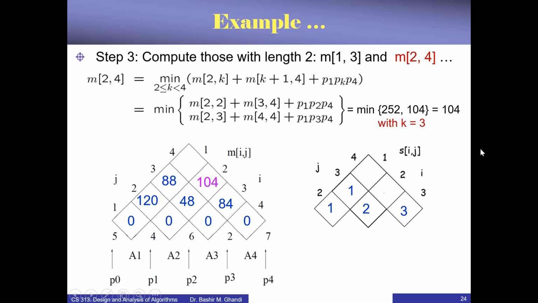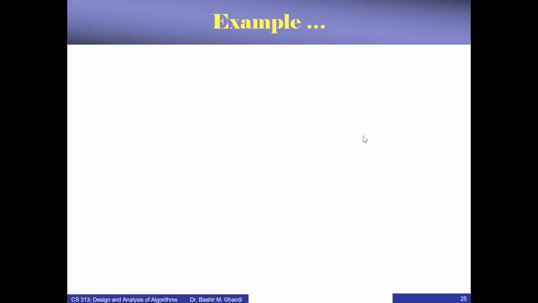So you store those values, 104 for the actual minimum and 3 for the value of K that gives you that minimum. So these are the two problems of size 2 that you have in this case. Last is the one that has length 3, which is the real problem we are trying to solve, the one for itself. That's the one we have in the next slide.